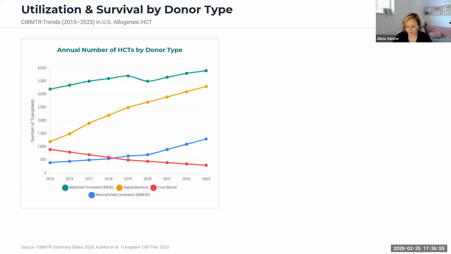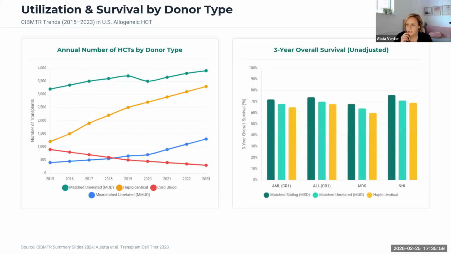Okay, I think I'll carry on then. So in terms of 3-year overall survival, this is unadjusted though, so keep in mind this is with heavy patient selection criteria. And here you can see that survival curves are converging across sources, particularly in recent years.